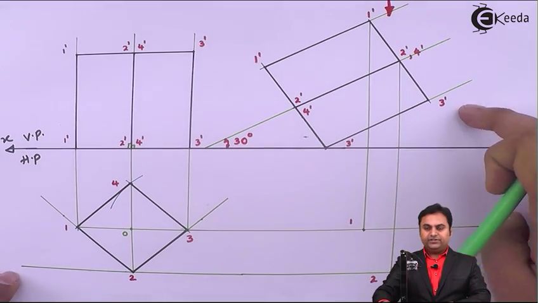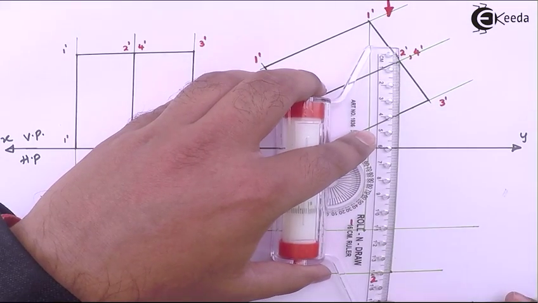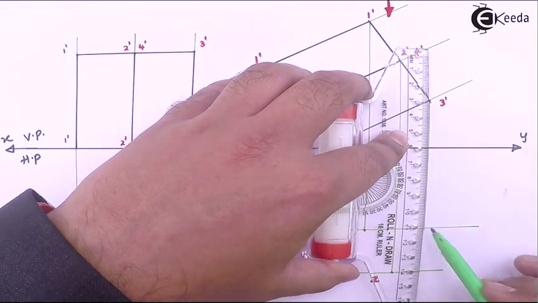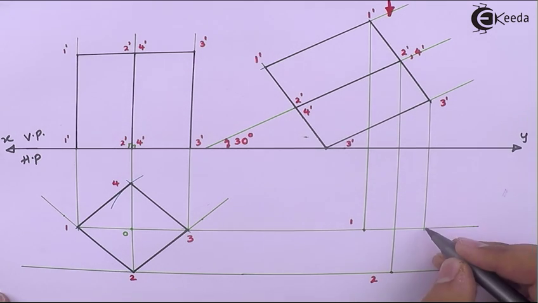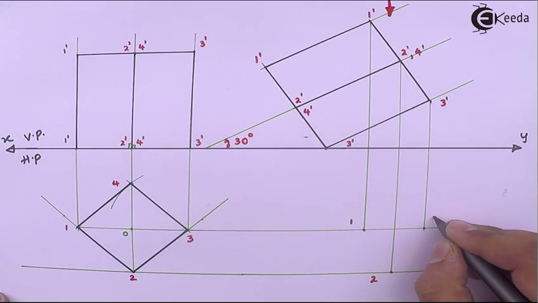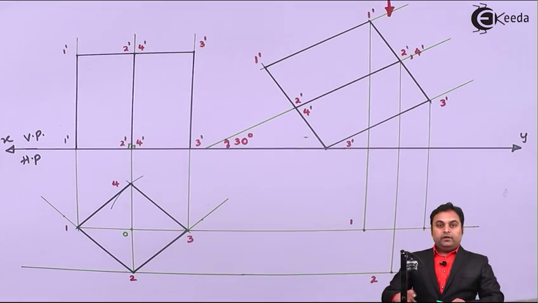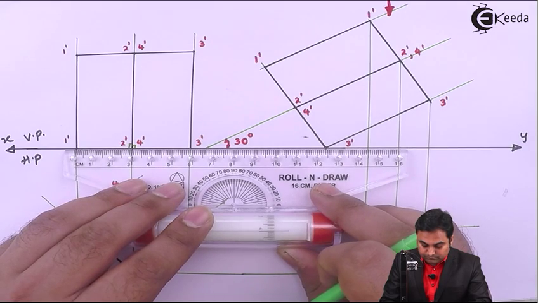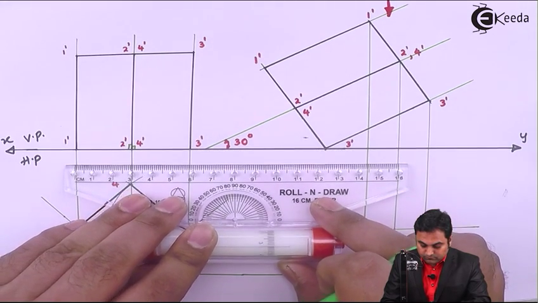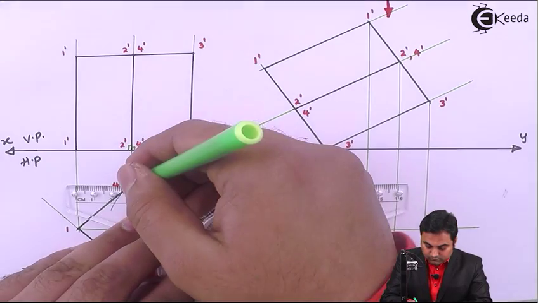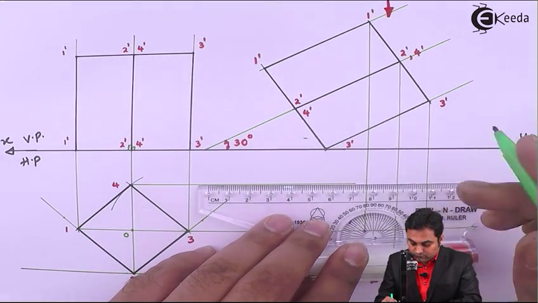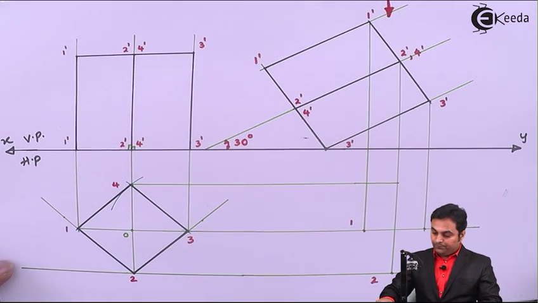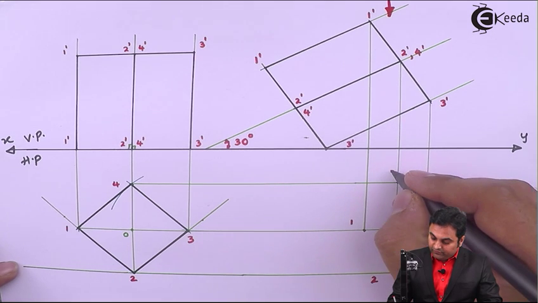Next, point 3 dash. So here there is point 3. Next, for point 4, I'll take the projection from the top view. And here the projection is there from the front view. So this is point 4.